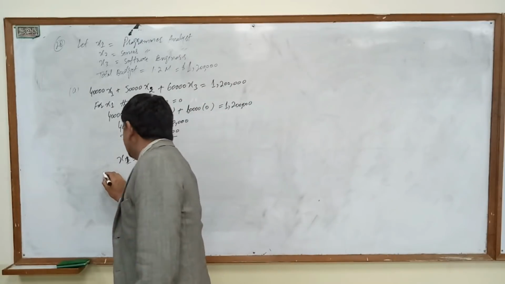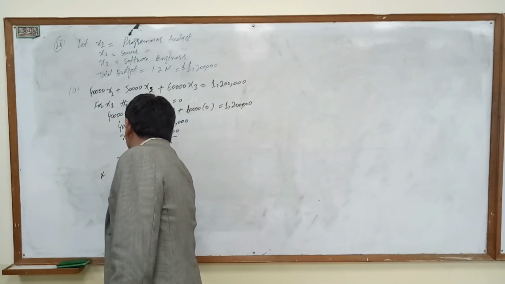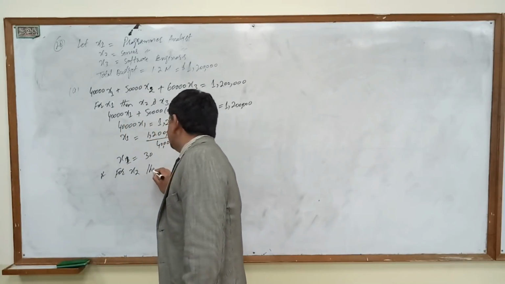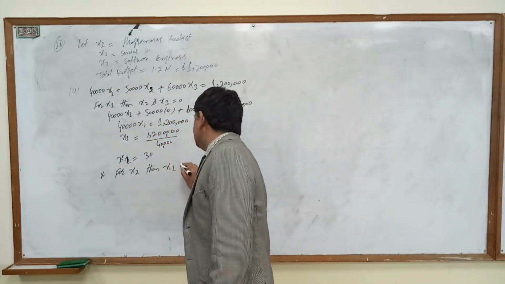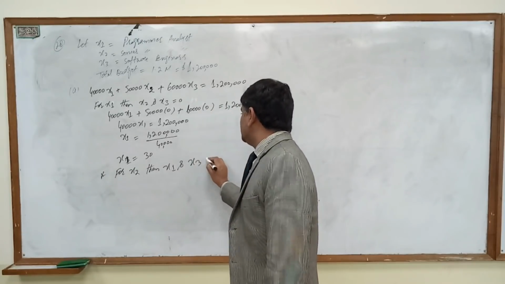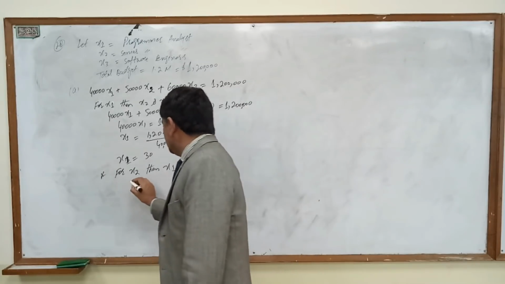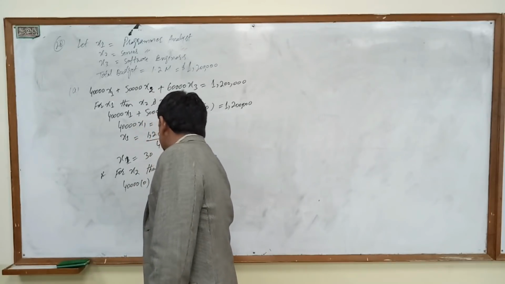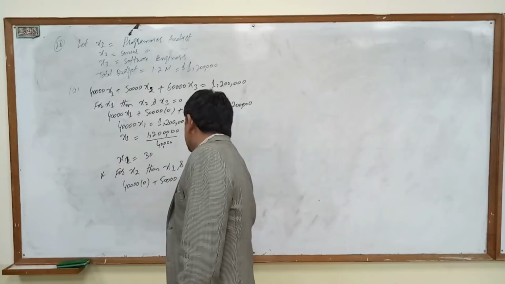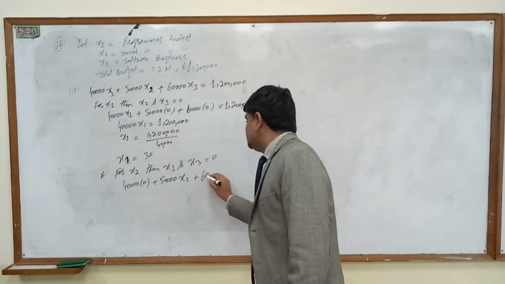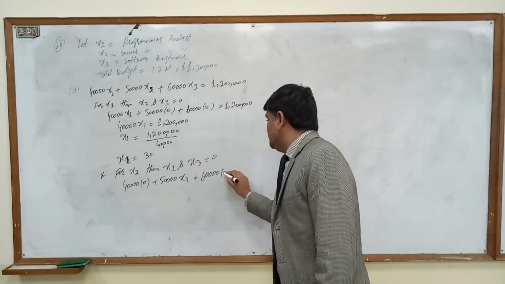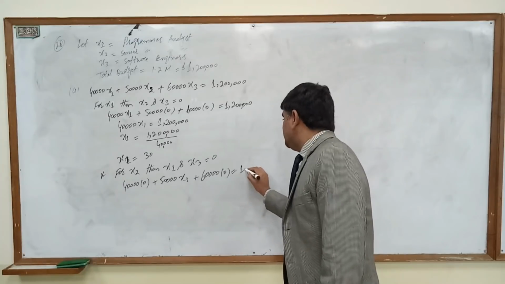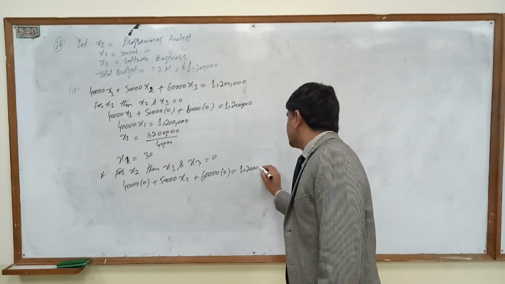Next is for X2, then X1 and X3 are equal to 0. So 40,000 into 0 plus 50,000 into X2 plus 60,000 into 0 is equal to 1.2 million.